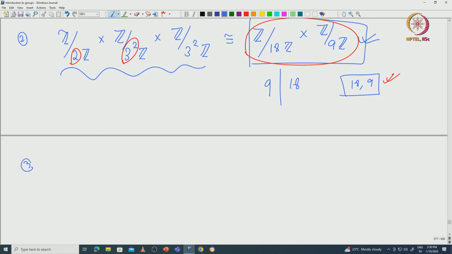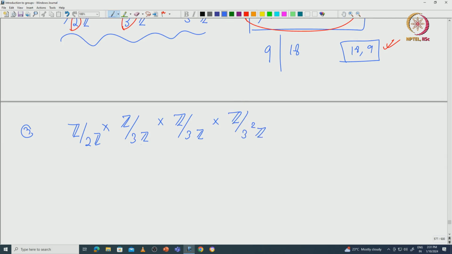So, let us now consider Z modulo 2Z cross Z modulo 3Z cross Z modulo 3Z and then Z modulo 3²Z. Again note that this is of the form in the first version.